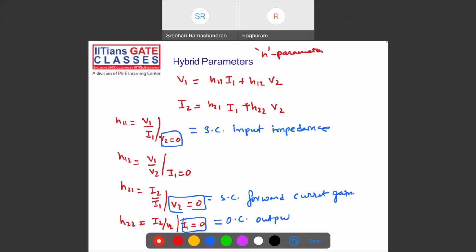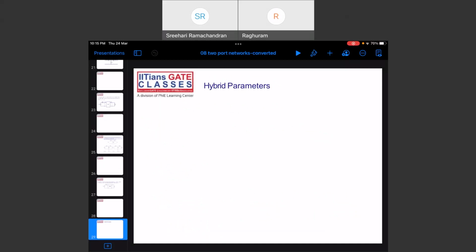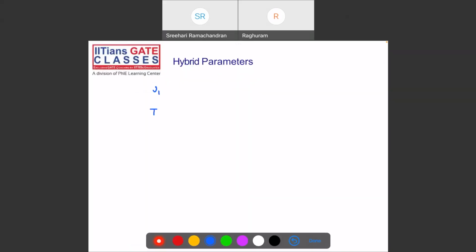Reverse voltage gain. V2 by V1 is voltage gain. So V1 and I2.